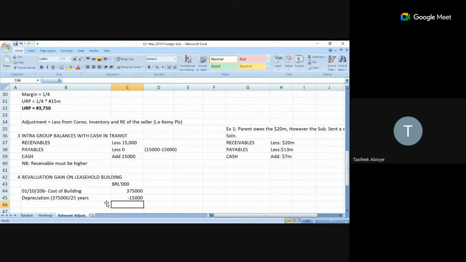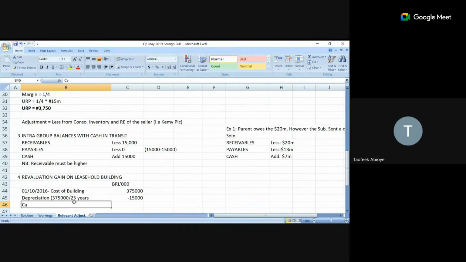Now, what will be our carrying amount? Our carrying amount. This is not 2006. When was the asset purchased? 2016, right? That was when the asset was purchased.